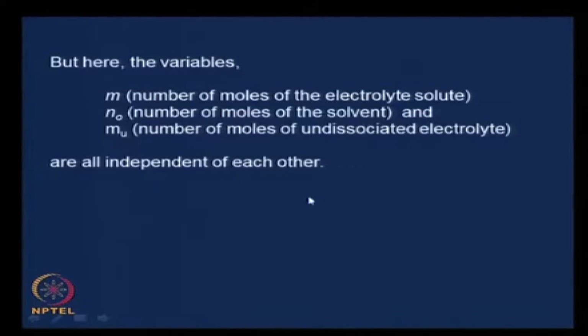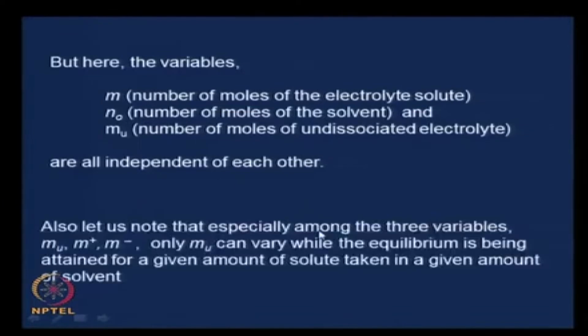In other words, these are not dependent on each other, that is the only point that I am trying to make here. These are independent of each other, whereas if you consider these three variables, mu, the number of moles of undissociated electrolyte, the number of moles of positively charged electrolyte, the number of moles of negatively charged electrolyte, these are related by the equilibrium distribution. At a certain point in the dissociation, it can dissociate only to a certain number of moles of the positive species and a certain number of moles of the negative species, that is governed by equilibrium.